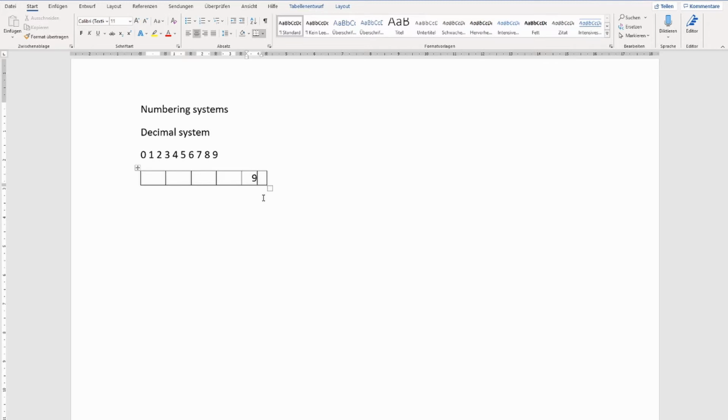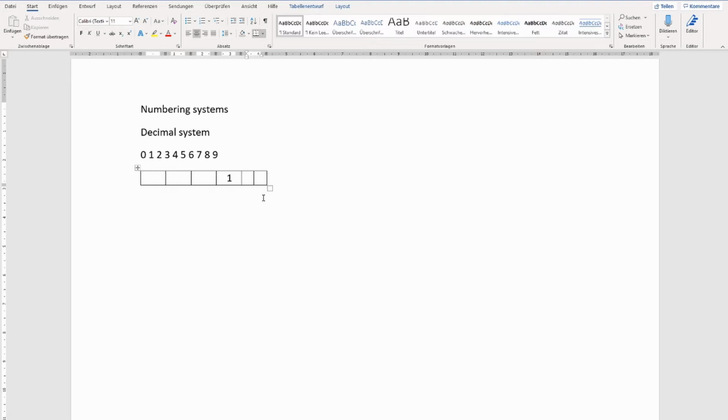And now, what happens? If I count one more, I cannot use another symbol. My symbol pool is empty. So I'm using the next place. I say, okay, one time I've used all symbols, and I start again with the first symbol, our 0.